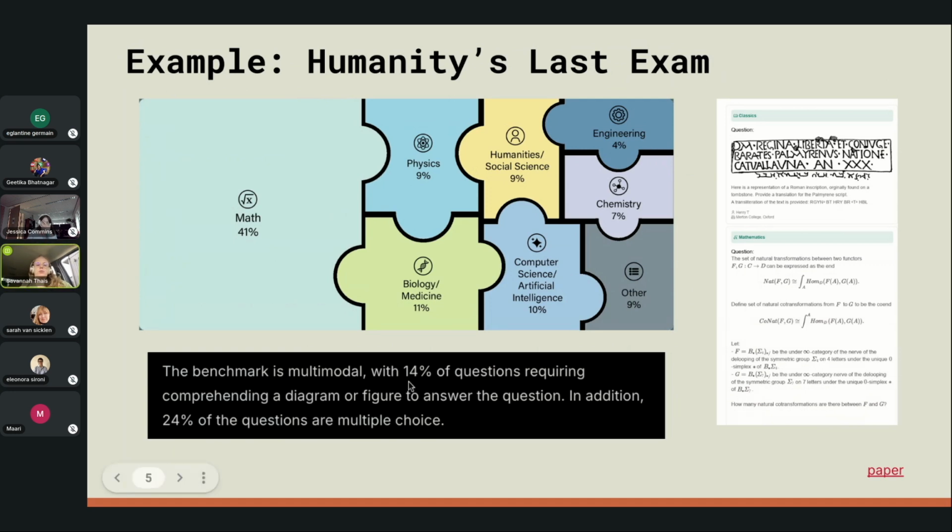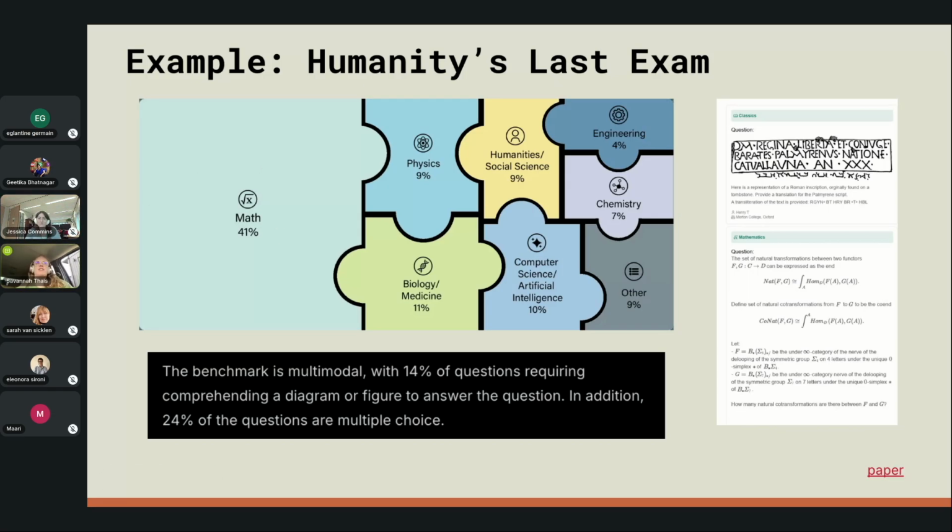And they have multimodal questions with some involving diagrams or figures, some being multiple choice, different kinds of things. And you can see, this is pretty science focused. So I would say that's another limitation of this benchmark, as we'll see when I talk in a few slides about what makes a good benchmark. Almost half of the benchmark is math questions.